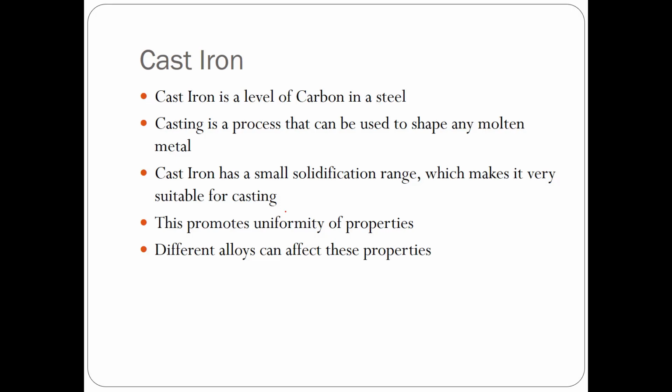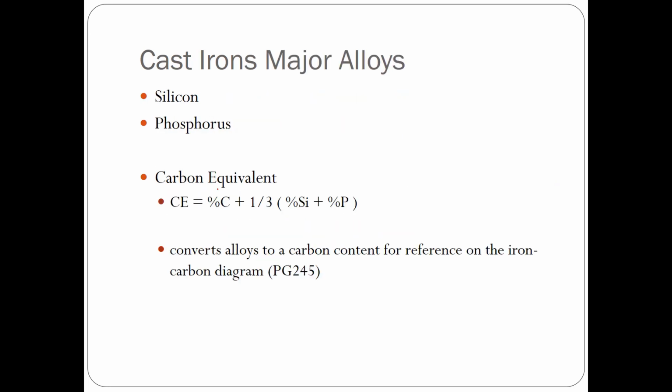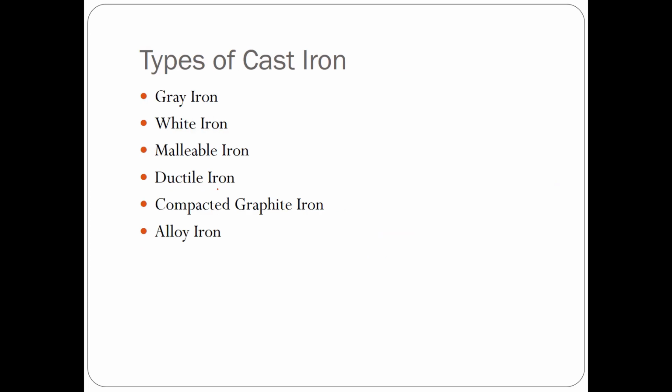Not all cast irons are in the cast form. Some of them are in the wrought form or worked castings. I won't ask about the alloys. The different categories or different types of cast irons, you should be able to list them. On page 253 and page 255, there are some gray iron designations, malleable iron and ductile cast iron designations with material properties.